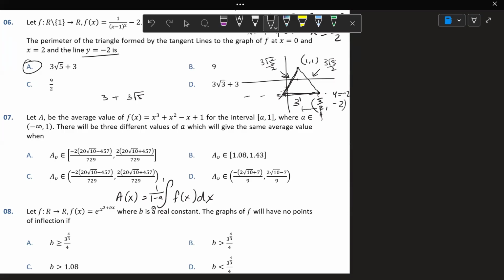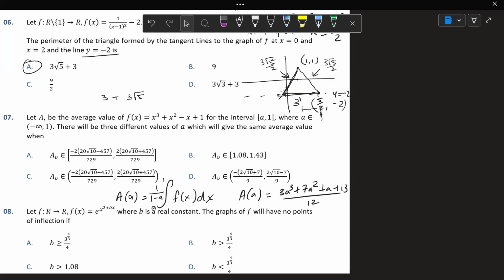So put this into your CAS, and you'll get the function 3a cubed plus 7a squared plus a plus 13 over 12.